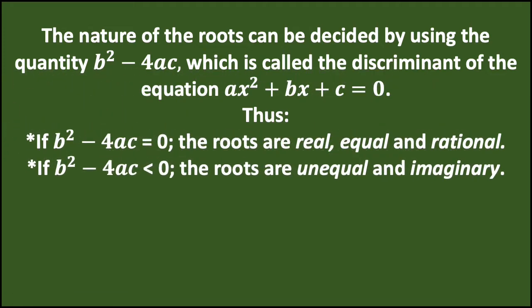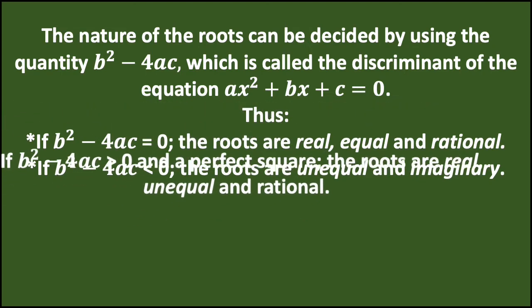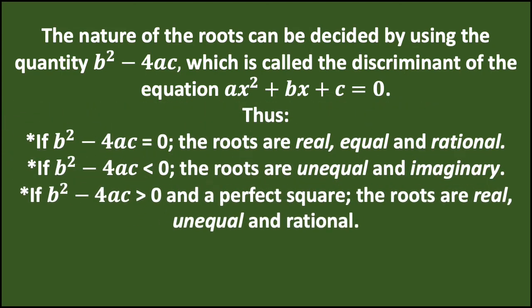What about the second case? If the discriminant b squared minus 4ac is less than 0, the roots are unequal and imaginary. For the third case, if the discriminant is greater than 0 and the discriminant is also a perfect square, the roots will be real numbers, unequal, and rational.